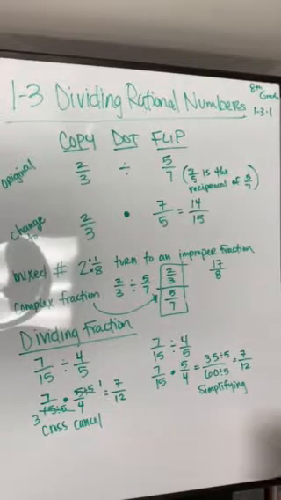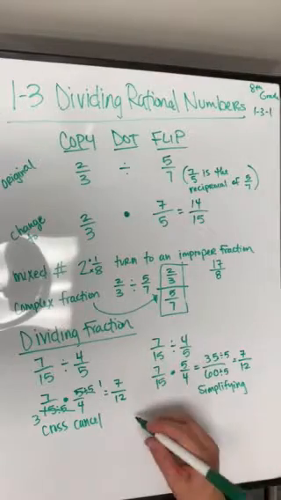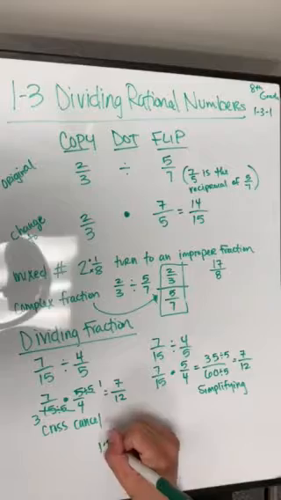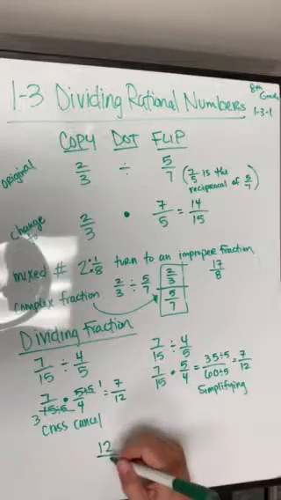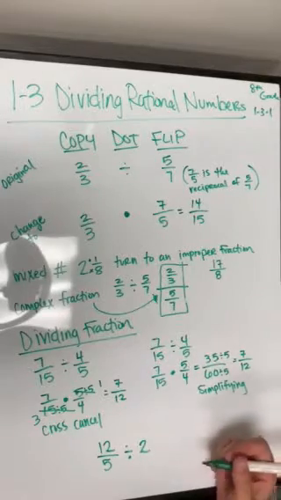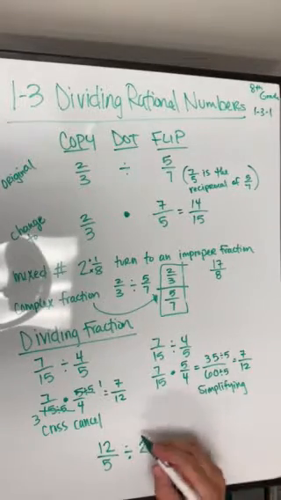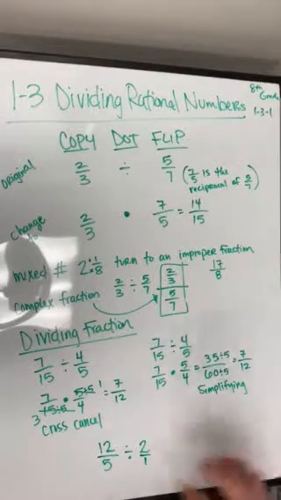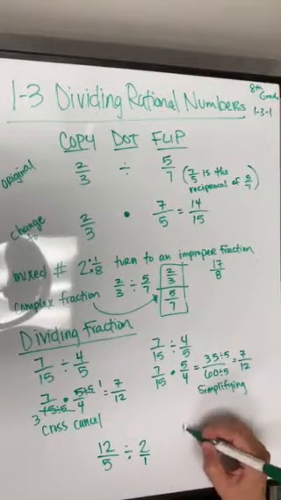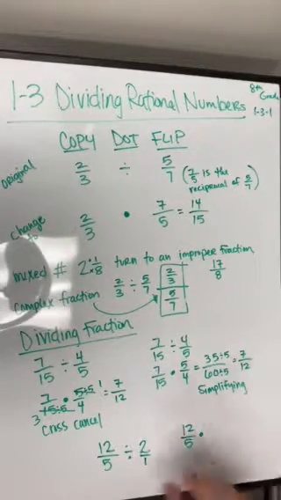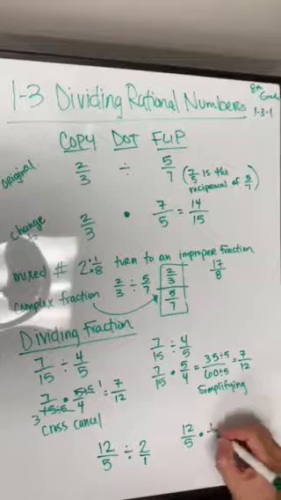One thing you guys need to be aware of is if ever you have a whole number, so let's say, oh, this one will be good. If we take 12 fifths and we want to divide it by 2, whenever you have a whole number, you need to put it over 1 in order to create that fraction to work with. So I would copy the first one down, 12 fifths, times, and now I flip this one.